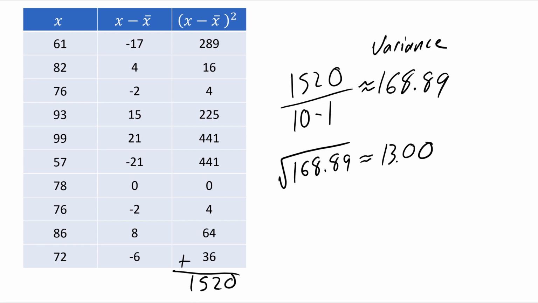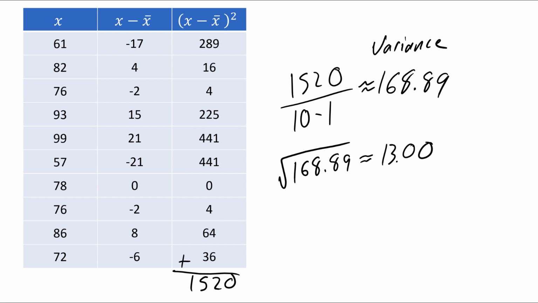So what this tells us is that on average, the test values are about 13 points away from the mean, which we figured out was 78. So that's what our standard deviation can tell us: on average, how far away from the mean are the data points? In this case, the answer is 13.